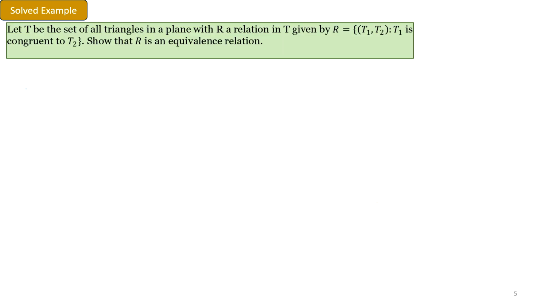Let T be the set of all triangles in a plane with a relation R in T given by R equal to (T1, T2), such that T1 is congruent to T2. Show that R is an equivalence relation.